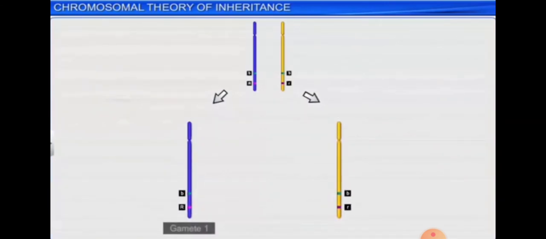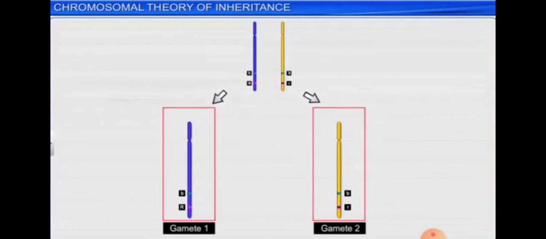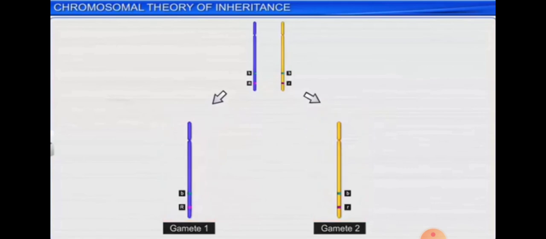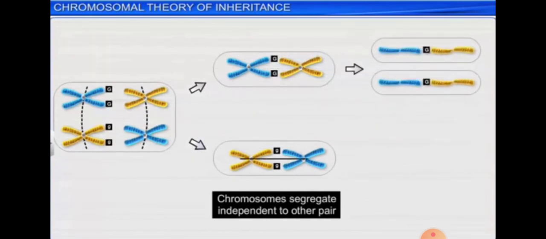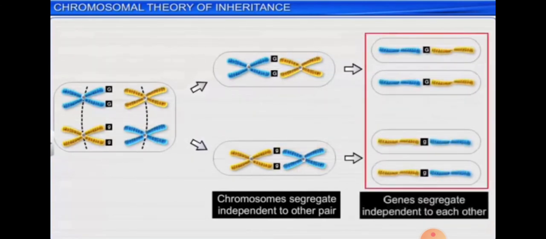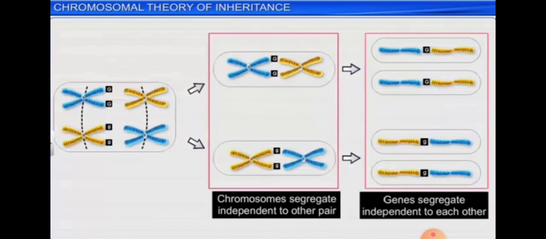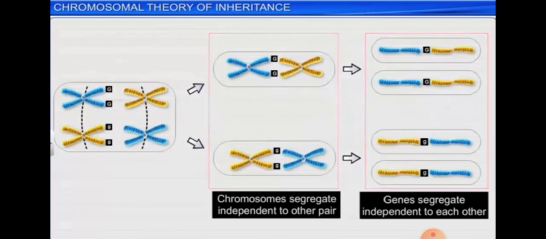Both the chromosomes and the genes segregate during the process of gamete formation, and only one of each pair is passed to a gamete. However, they differ in the way they segregate. Genes of independent pairs segregate independently of each other, while in chromosomes, one pair segregates independently of another pair.